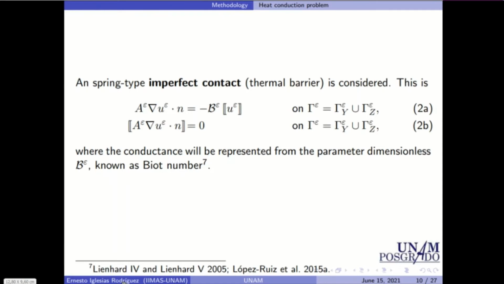The Biot number is dimensionless, and when it tends to infinity, it means that the contact between phases is perfect.